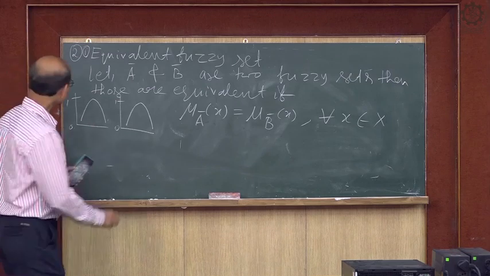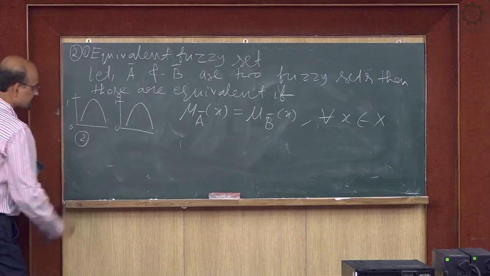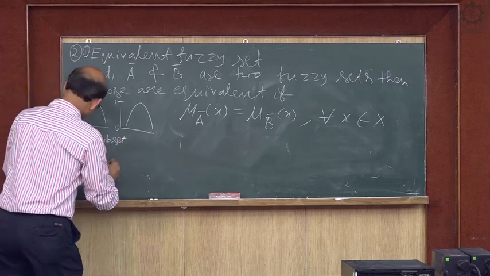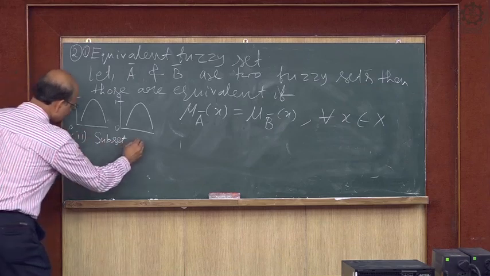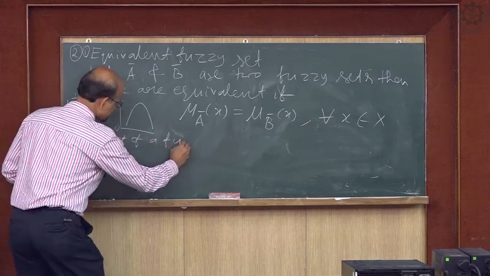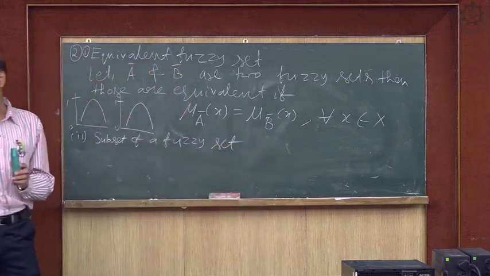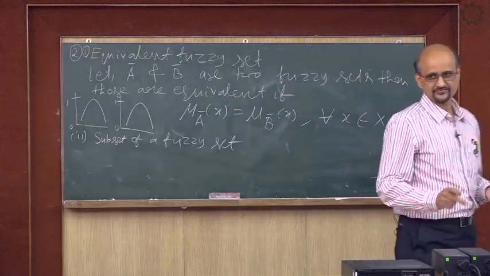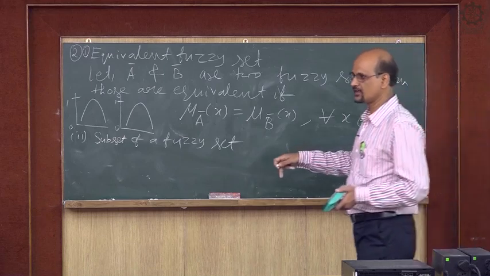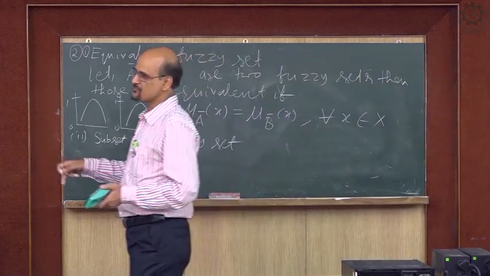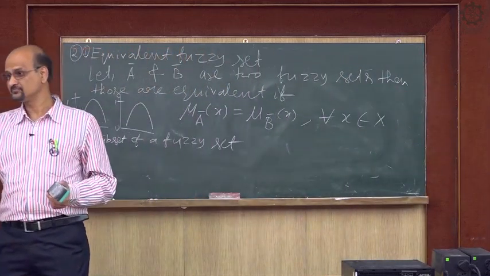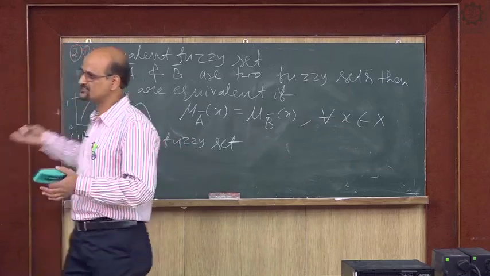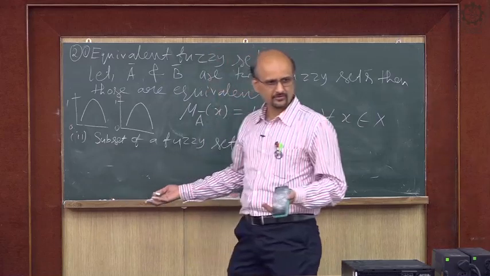Okay. Now comes the subset of a fuzzy set, that is Roman 2. A fuzzy set A bar is said to be a subset of a fuzzy set B bar if the membership function of the first one, that means A, is less than or equal to the membership function of fuzzy set B bar.